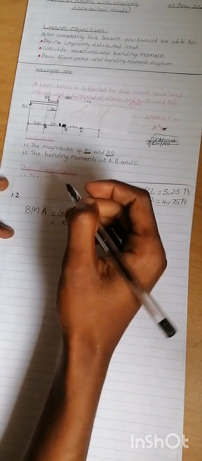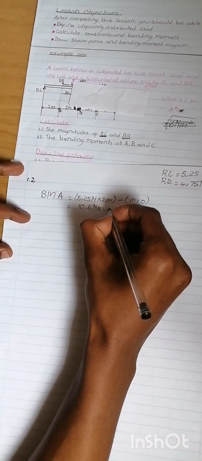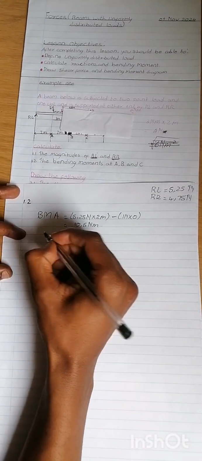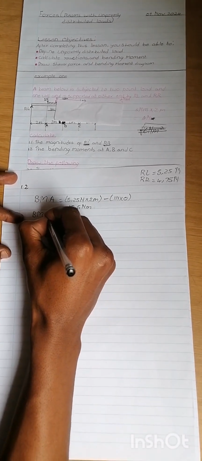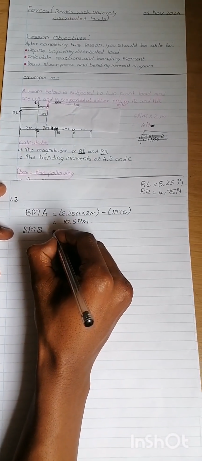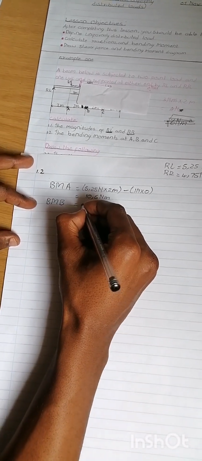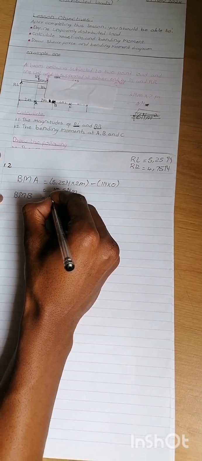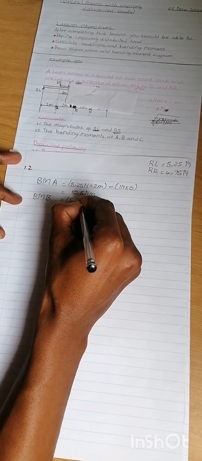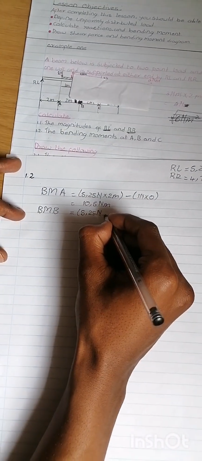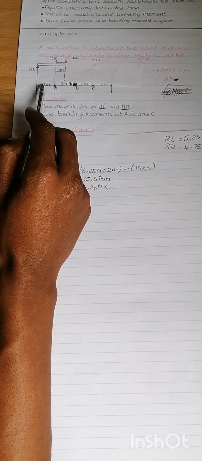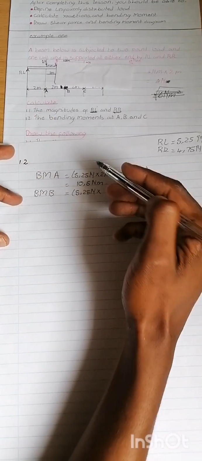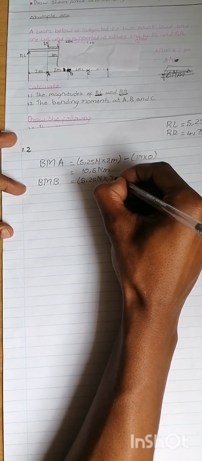We will now have bending moment at B is equals to our 5,25 Newton multiplied by the total distance to the paper, which is 3 meter.